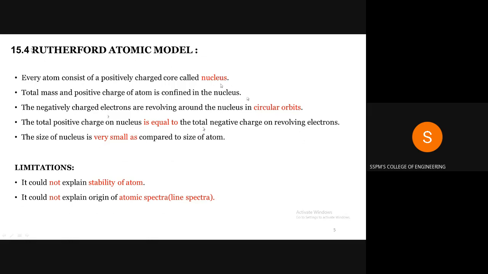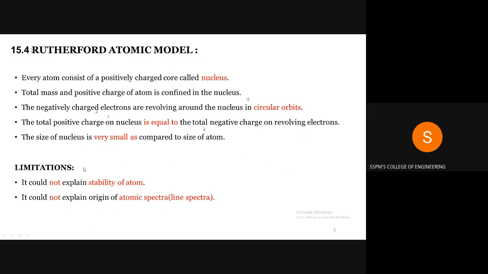He has defined the nucleus, and he said that negatively charged electrons are revolving around the nucleus in circular orbits. The total positive charge on the nucleus is equal to the total negative charge on revolving electrons. The size of the nucleus is very small as compared to the size of the atom.